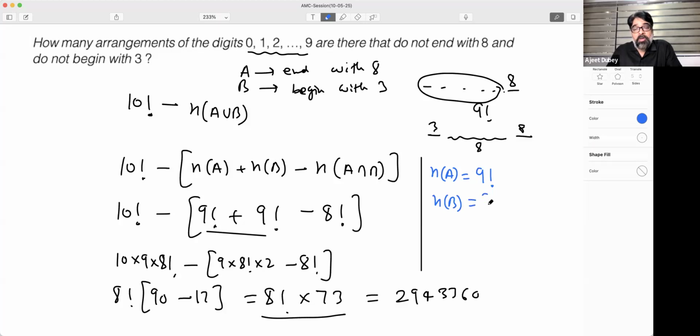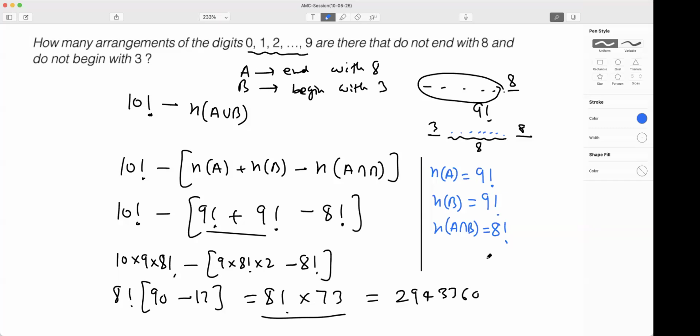n of B will also be 9 factorial because 3 will be fixed. n of A intersection B will be what? Begin with 3 and end with 8, so only 8 places are left. These 8 places can be filled in 8 factorial ways. Is that clear what I'm saying? Yes, sir.